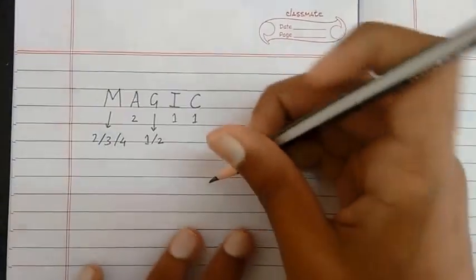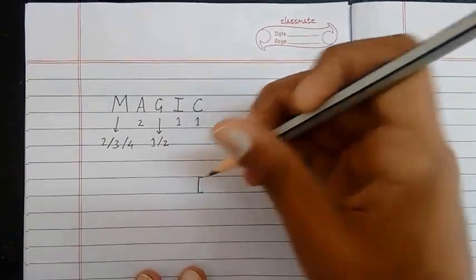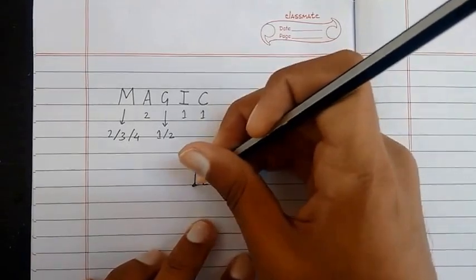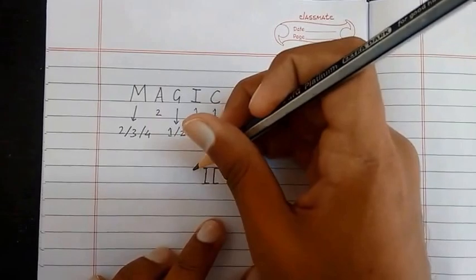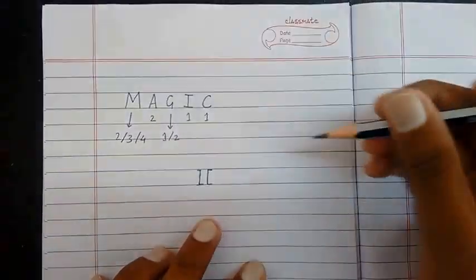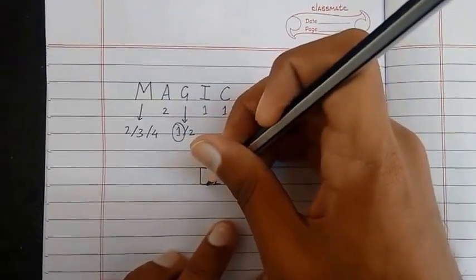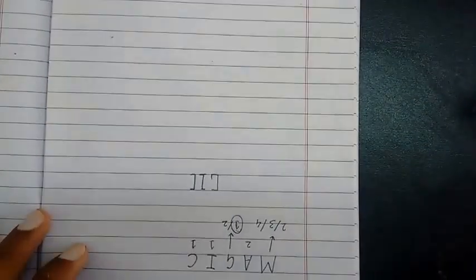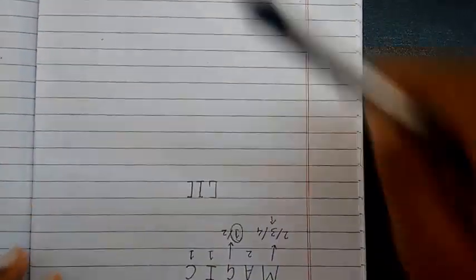Let's write this in its line form. We have C here, and then we have I. Now let's say I take the one line form G. If I flip this over, you can already see that it looks something like a 3-line form M. I think we can use that.